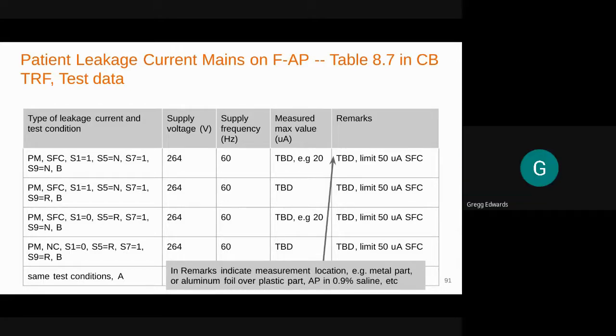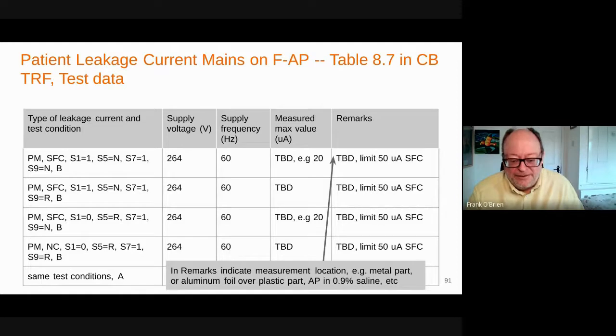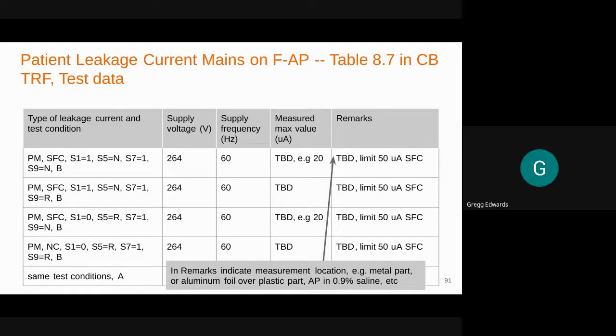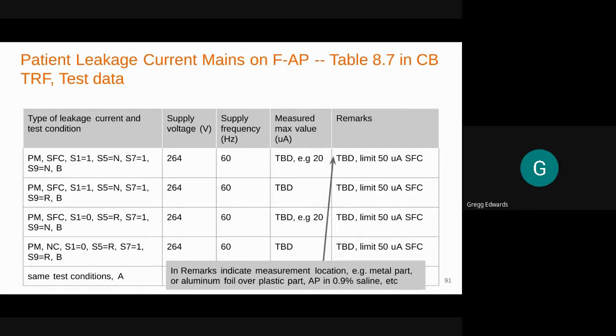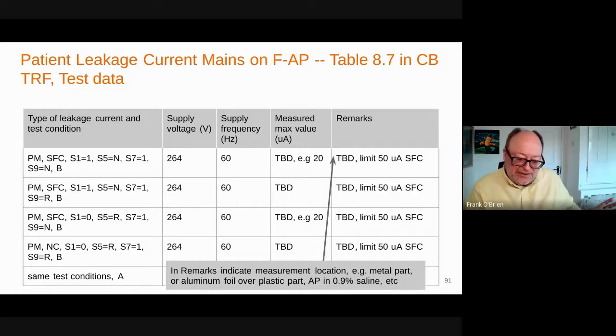Oh, yeah, you're right. I looked at the patient leakage, figure 14, that has the note I was just referring to. Sorry. So for normal patient leakage, you definitely do both cases. Because you don't want to take away the opportunity for the leakage to go through the mains connection.